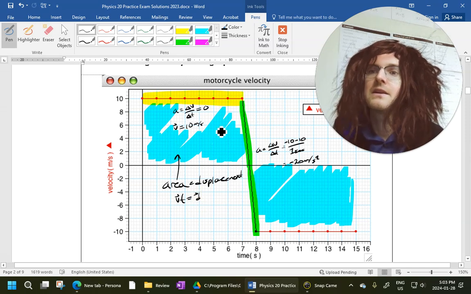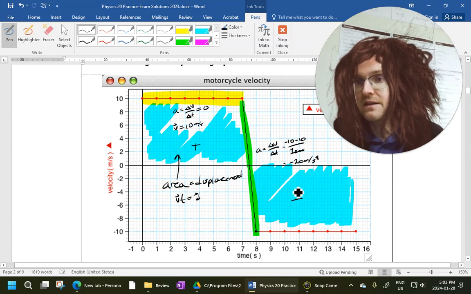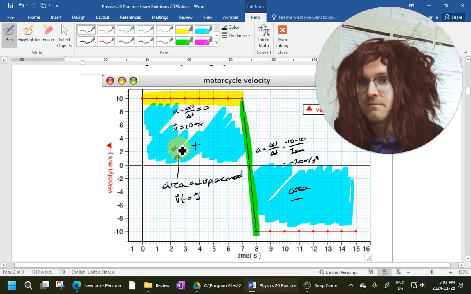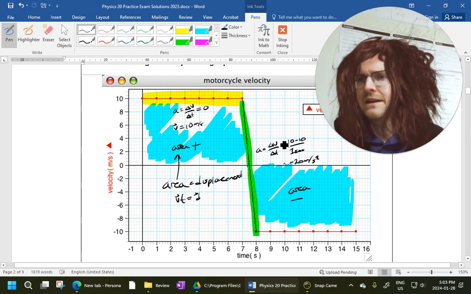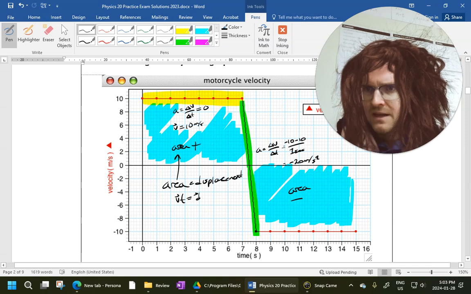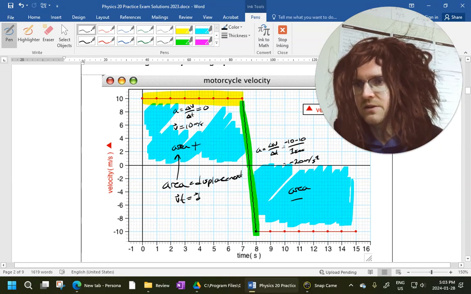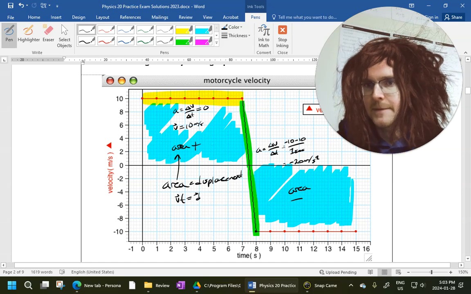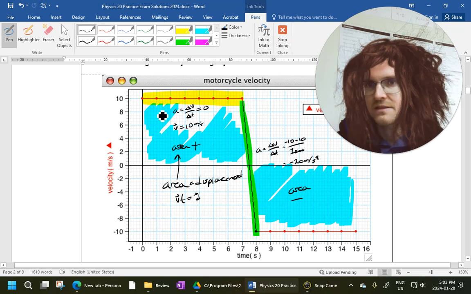Now this area up here is positive. This area over here is negative because it's below the x-axis. And you can notice that they're very symmetrical. I could find all these little areas, like these little triangles, if I wanted to, but I noticed that they're both exactly the same. 7 seconds on the bottom, 1, 2, 3, 4, 5, 6, 7 seconds on the top.